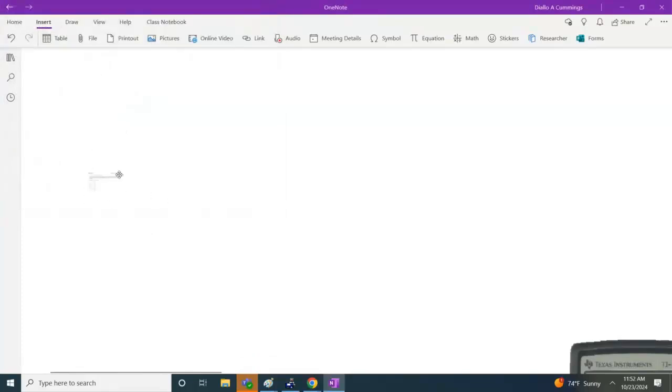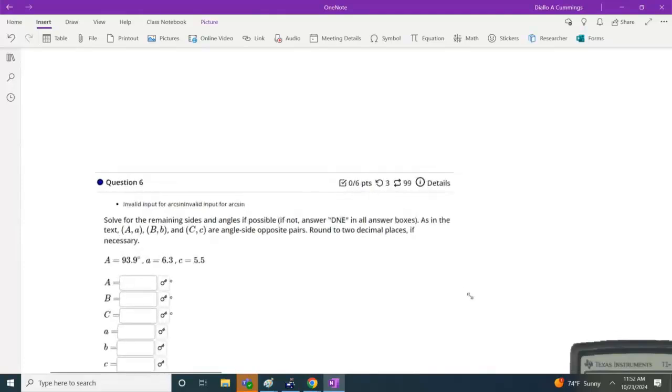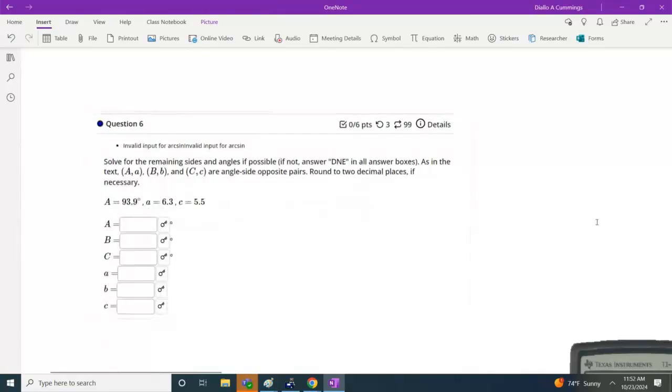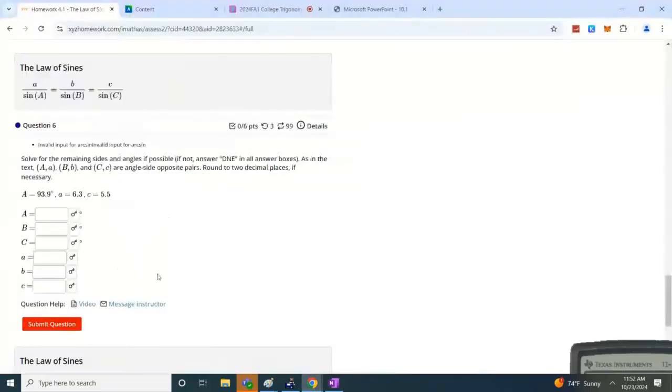This is still from the same section. All right. Okay, so let's take a look at this one. I think this will cover all the scenarios. So this is number 6. Same sort of setup. They give us an angle side set of measurements, and it says solve for the remaining sides and angles if possible. And I don't think they play any tricks up front.